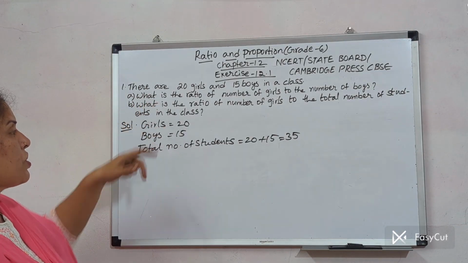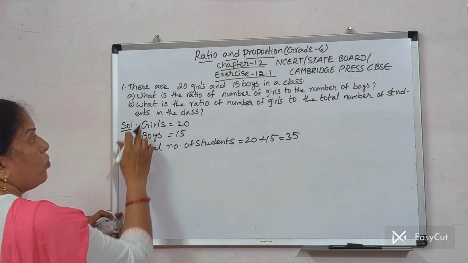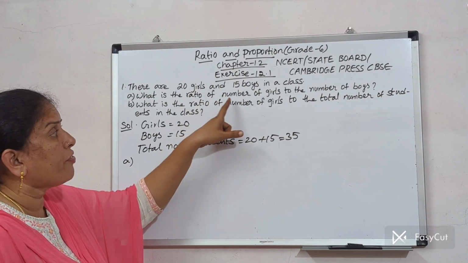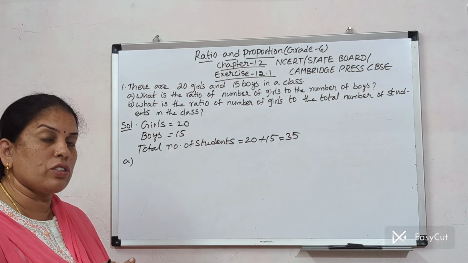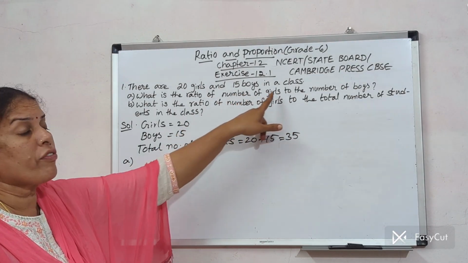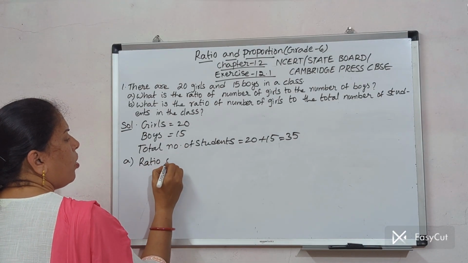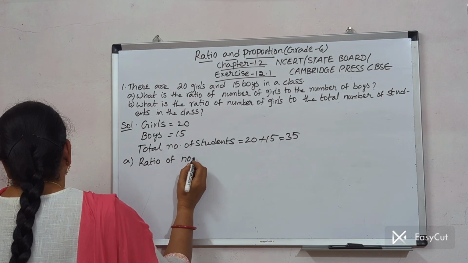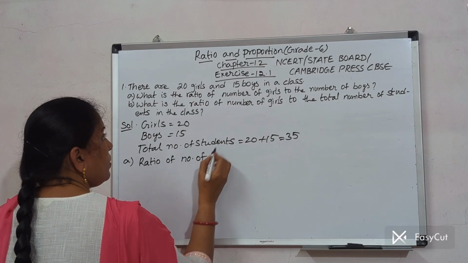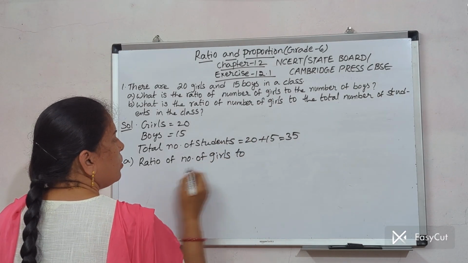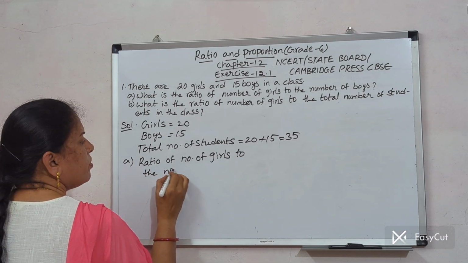What is the first question? A. What is the ratio? They ask you to find out the ratio of the number of girls to the number of boys.